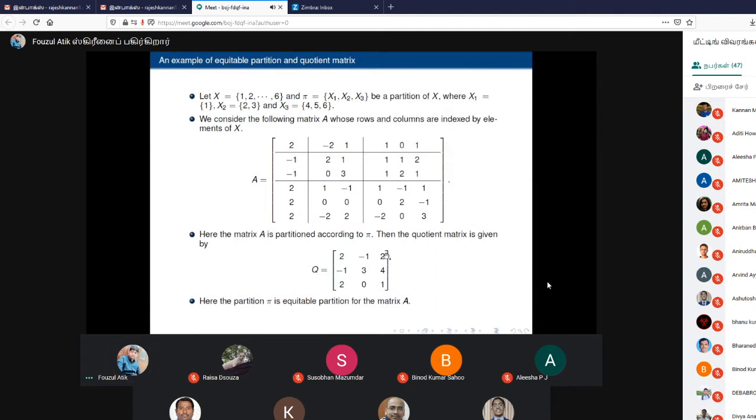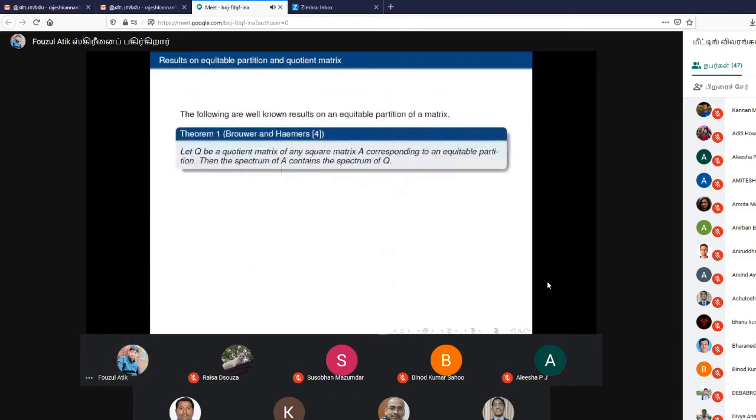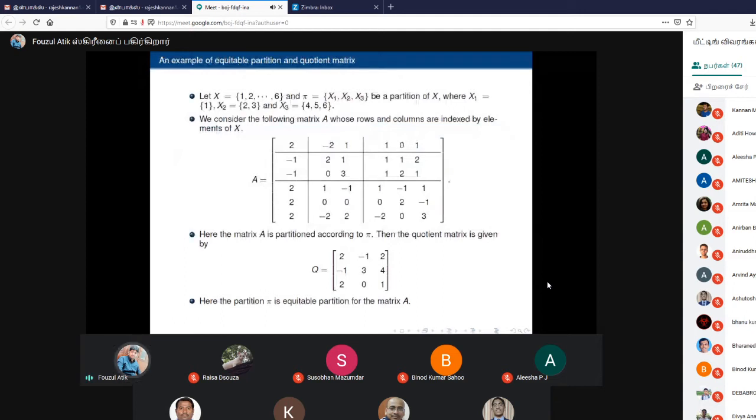Also, Q may not contain all the distinct eigenvalues. Sometimes it will also contain all the distinct eigenvalues of the matrix A. I will come to that point later. But here, my next result shows what about the other eigenvalues of the matrix A which are not in Q.